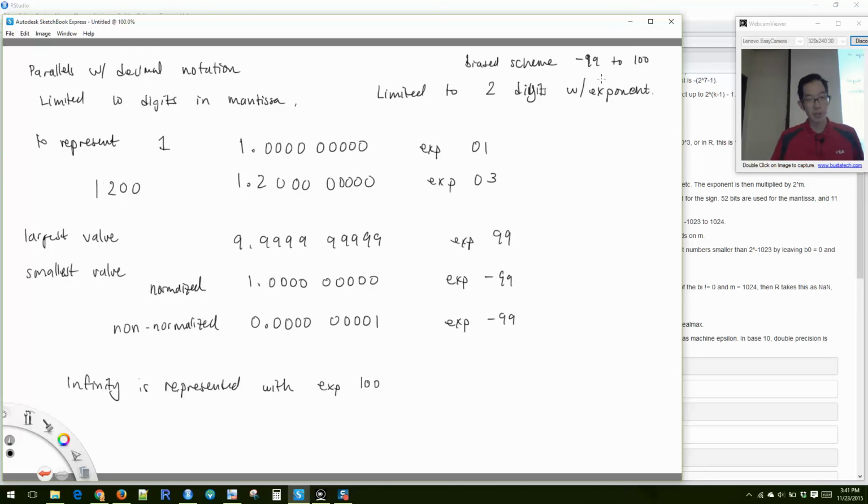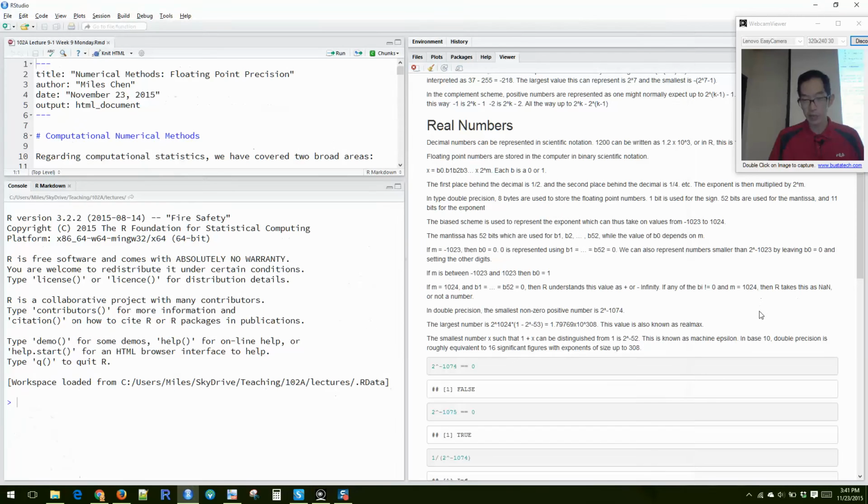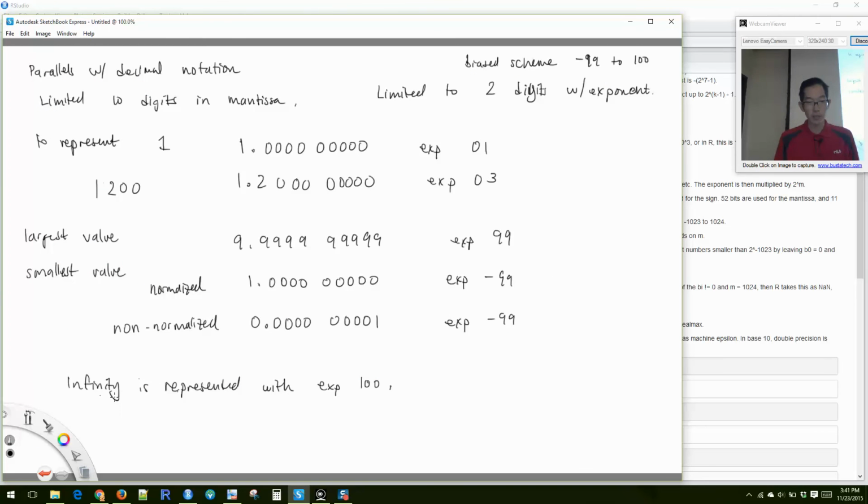Okay, so if the exponent is 100, then we have infinity, but then everything has to be filled out with zeros. Infinity is represented with exponent 100, but all the decimals are represented with zeros. So we have 0.12345, 12345, okay?